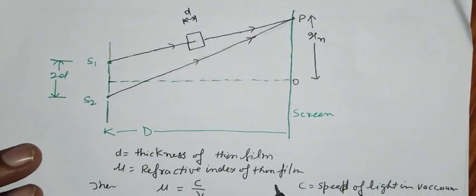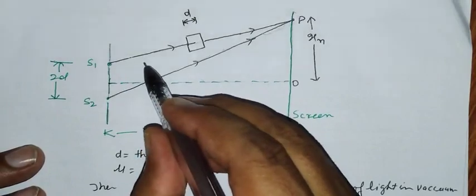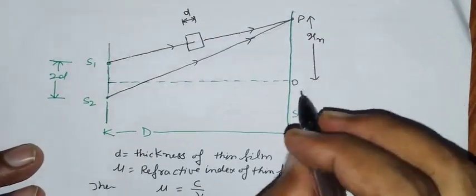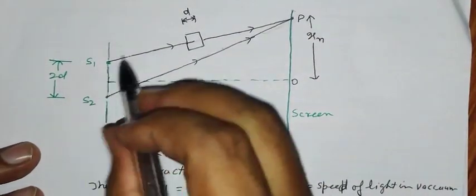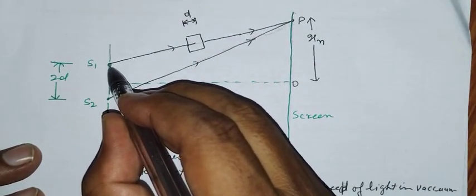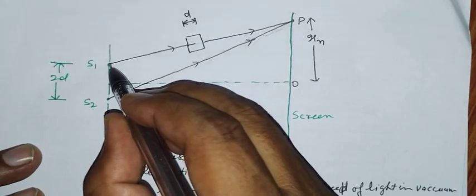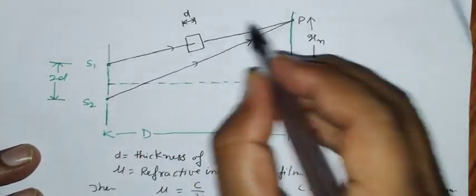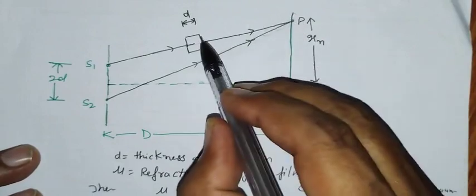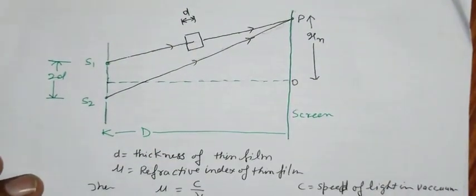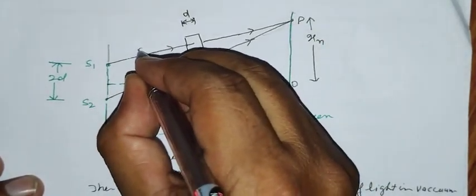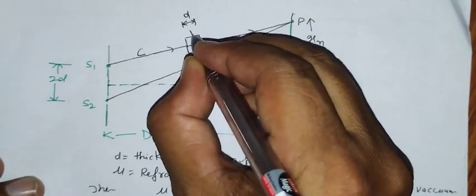Clear? Now see the monochromatic beam reaching P and the phenomenon of interference takes place here. Now see very carefully. Light travels in air or vacuum a distance S1P minus d, and a distance d in the transparent medium. Since the velocity in both is different, the speed of light in air is c, and in this medium the speed of light is, suppose, v.